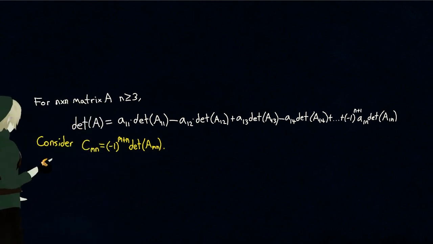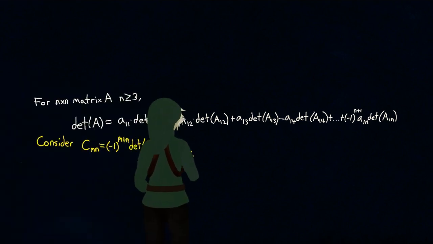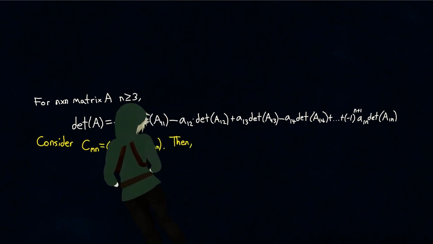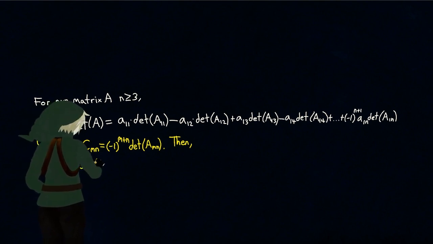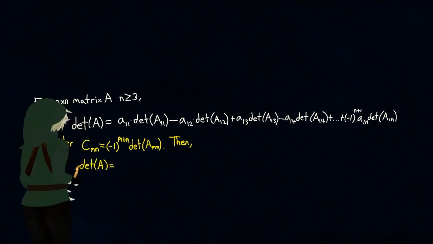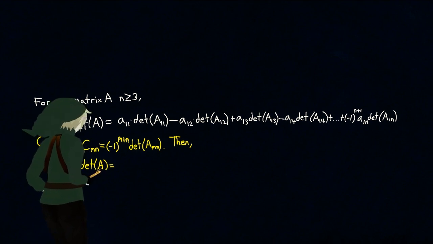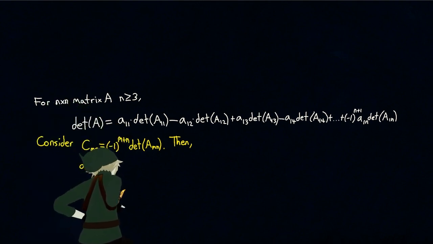And now our determinant looks like this. Then the determinant of A is equal, and this is how we write it. We go ahead and write our entry.